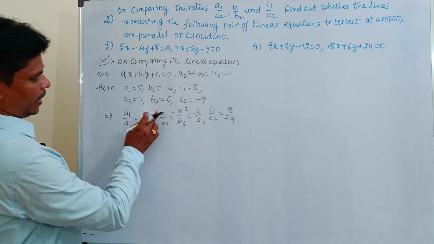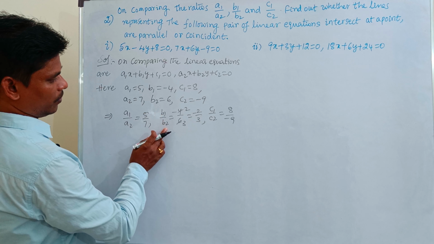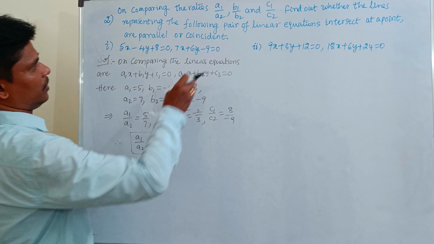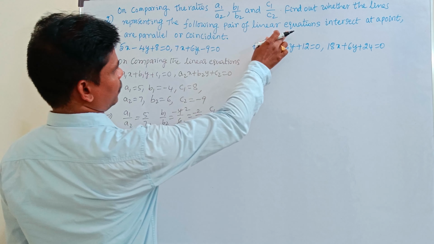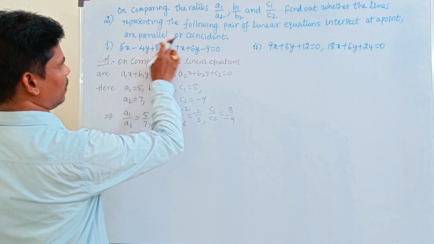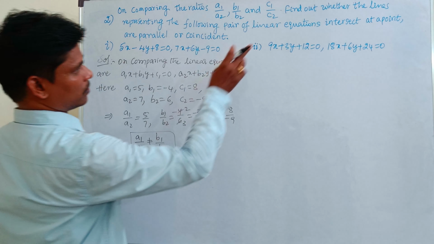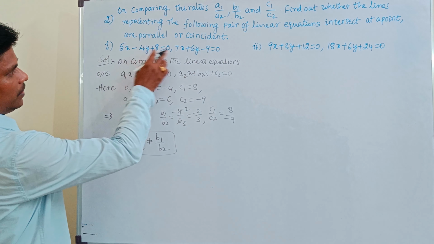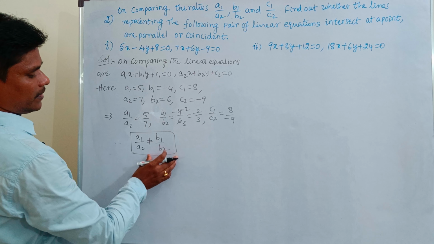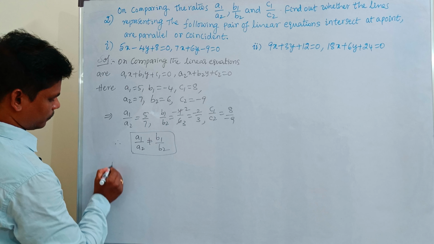A1 by A2 is not equal to B1 by B2 and not equal to C1 by C2. So A1 by A2 is not equal to B1 by B2. According to the given question, the pair of linear equations are intersecting, parallel or coincident. This condition means the given two lines are intersecting at one point.